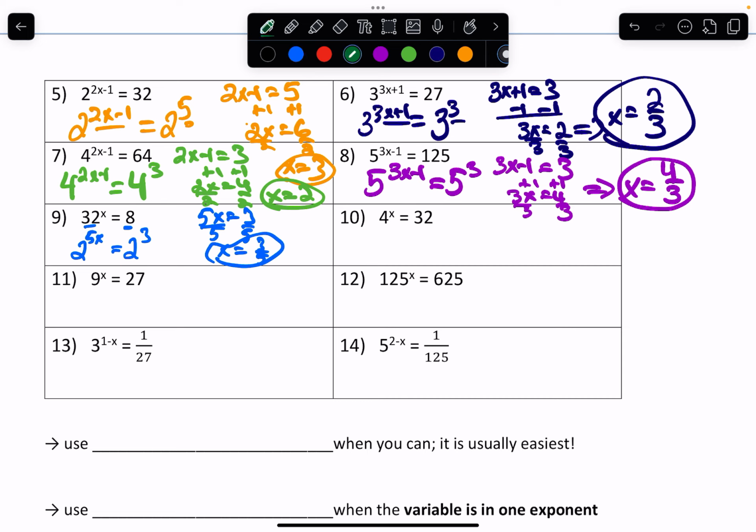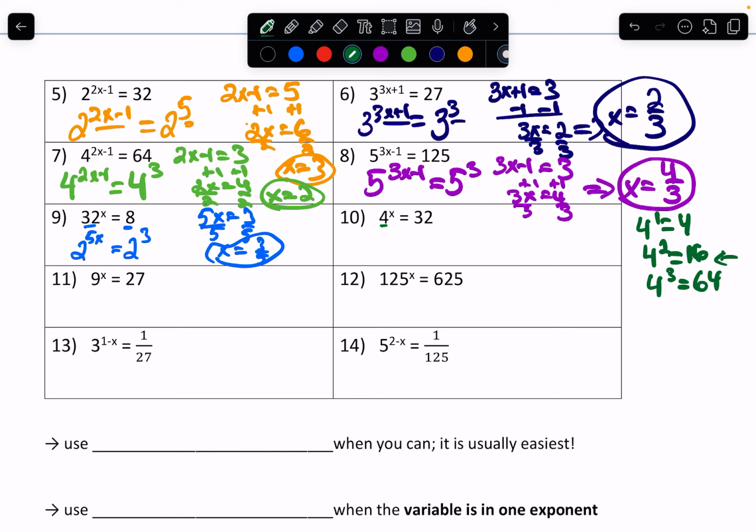Same thing here for number 10. We have a 4 and a 32. Well, if we do base 4, 4 to the power of 2 is 16. 4 to the power of 3 is going to be 64. So you can see that 32 is not, we can't write it with base 4.